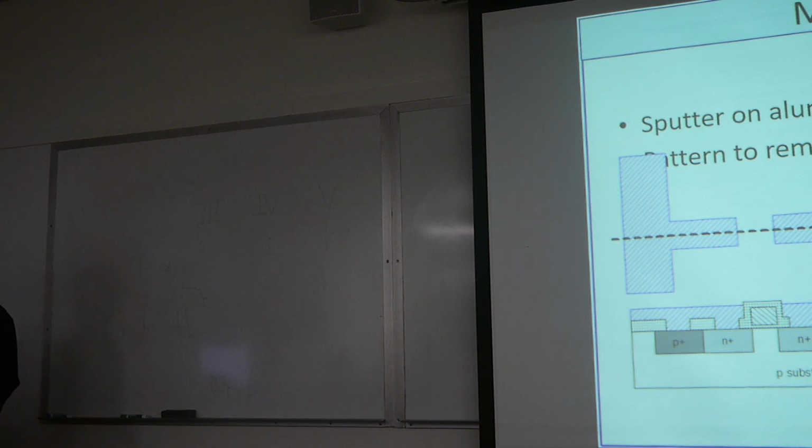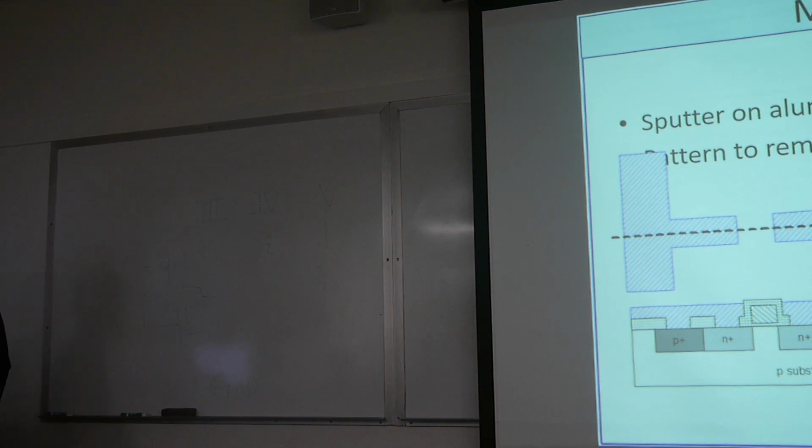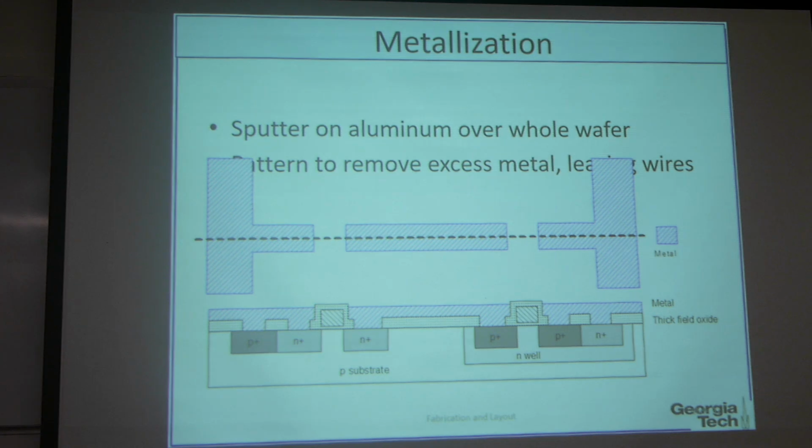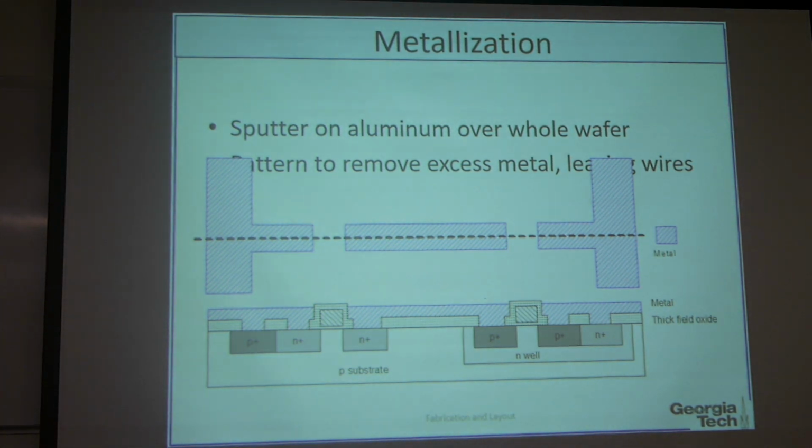I see, but the purpose is still connecting the transistor with the whole wafer. No, this is to apply a body bias to your entire wafer. So basically you can adjust your threshold voltage. Body bias can be used for different reasons, but you are applying a bias to your substrate, so you can adjust your threshold voltage or other things.